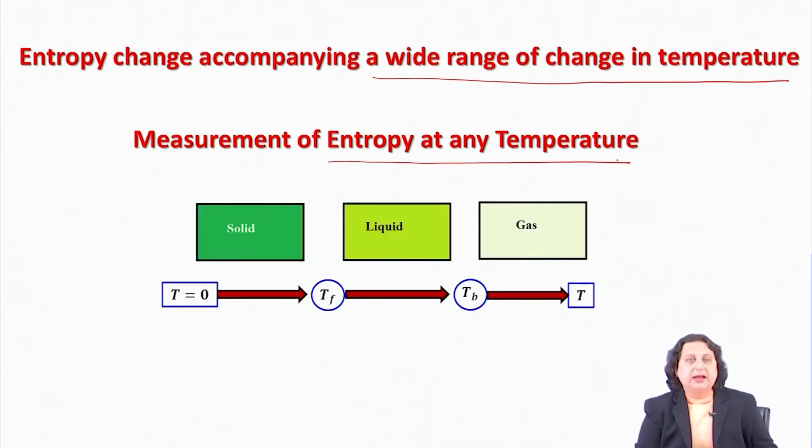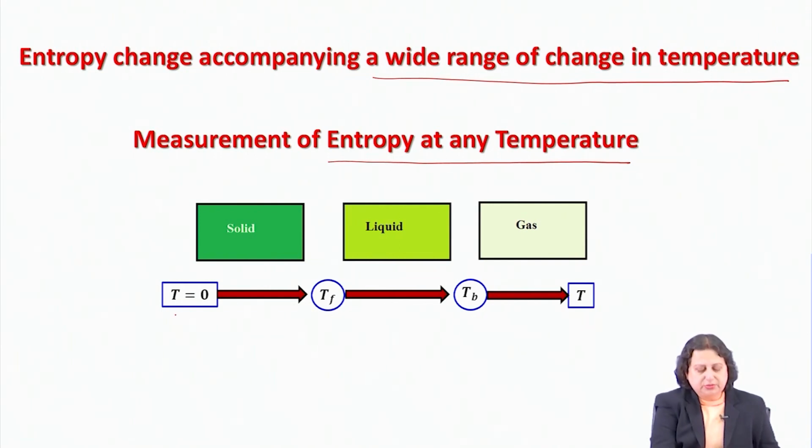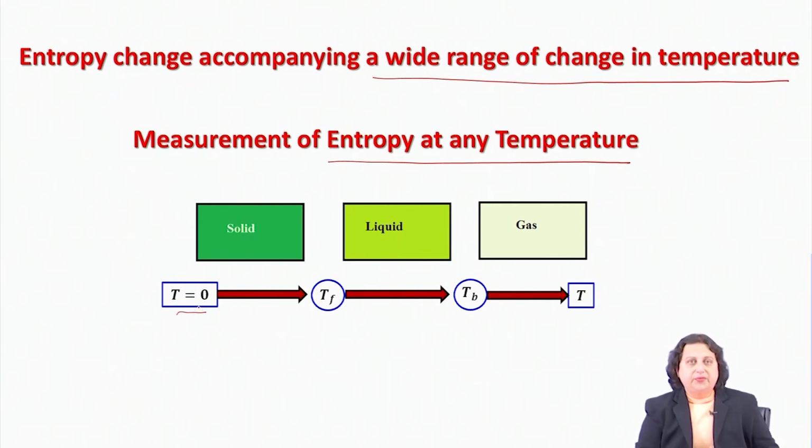So that would mean that, let us say, I start from a very low temperature, very close to the absolute zero of temperature. So in most of the common cases, the substance that I am working with will be a solid. Now if I heat this solid at constant pressure, then it is constant heating of the solid at constant pressure.